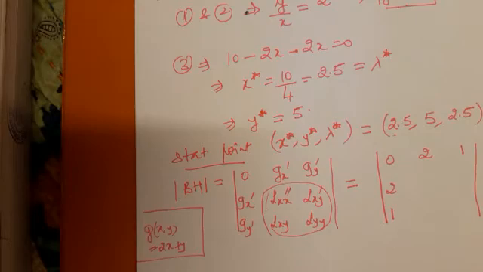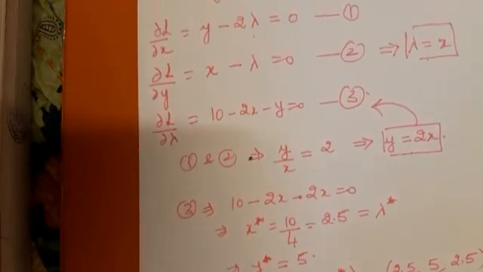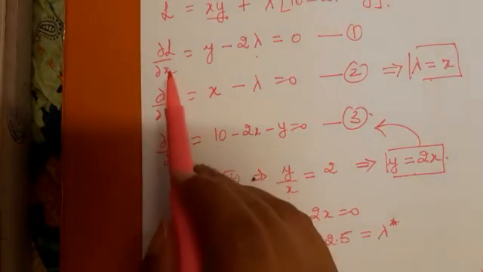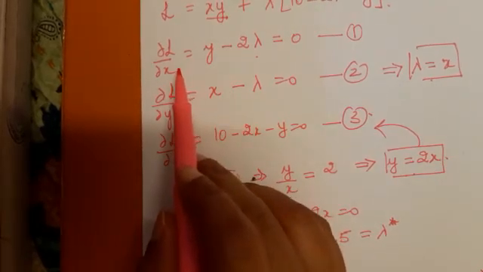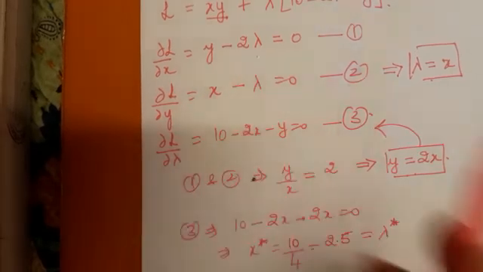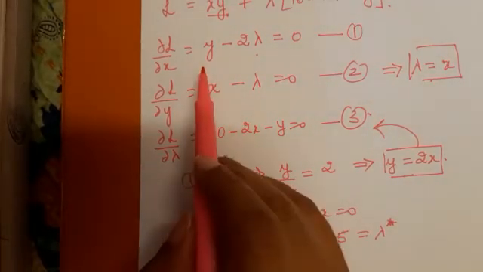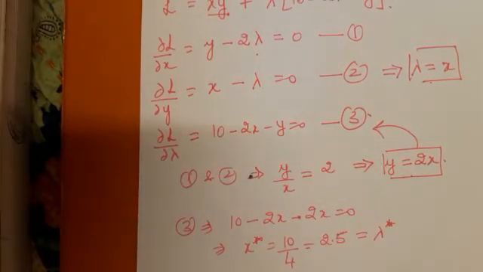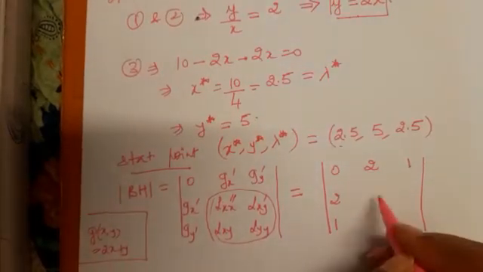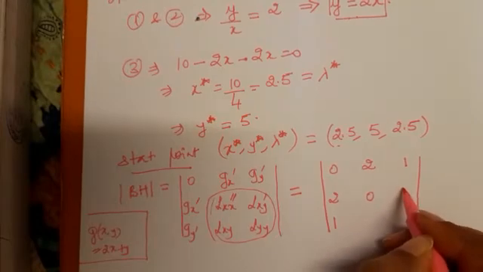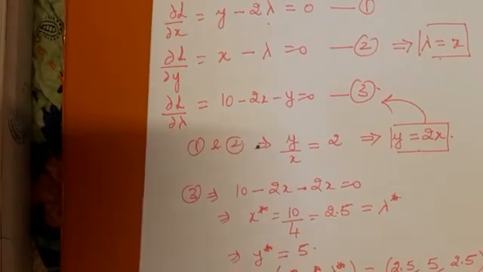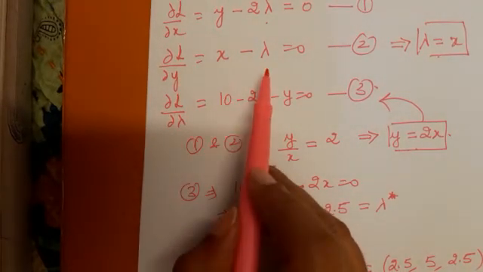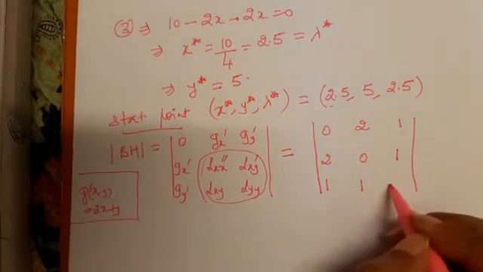Now what is Lxx? If you go up and look at the first order conditions, L sub x is y minus 2 lambda. So Lxx, the second order partial derivative with respect to x, would be 0. And the cross partial would be 1. So let's put in these numbers here. Lxx is 0 and Lxy is 1. Lxy is 1, and what is Lyy? Now L sub y is x minus lambda, so clearly Lyy would be 0.